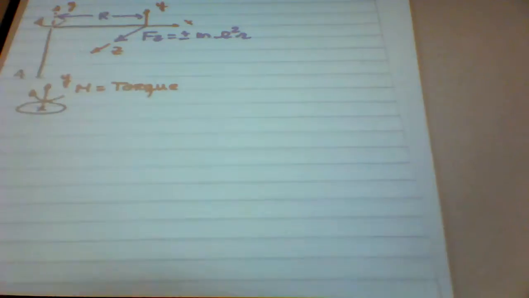So basically, this is the Y. So really this moment here is creating what? A torque, no? And a torque in a cross section is inducing what? Shear stress.